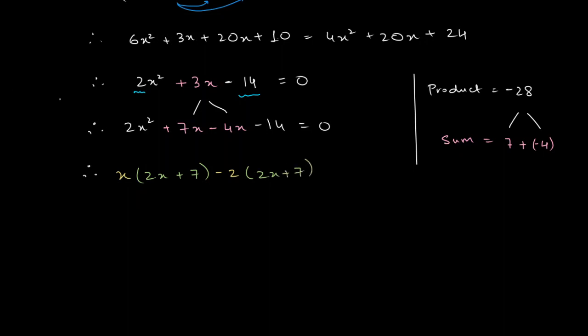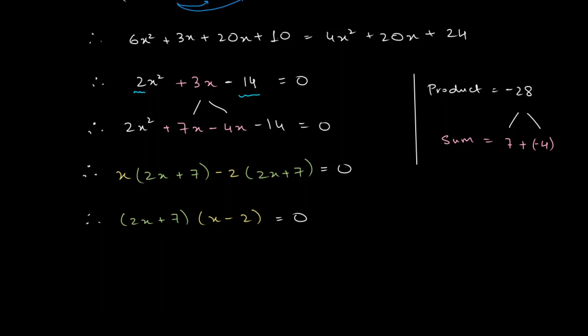The product of these two terms is equal to 0. Therefore now 2x plus 7 is common, and we'll be left with x minus 2, all of this equal to 0.